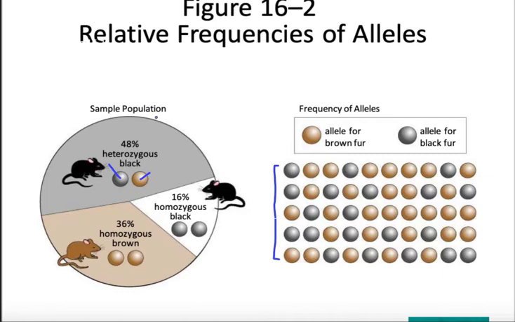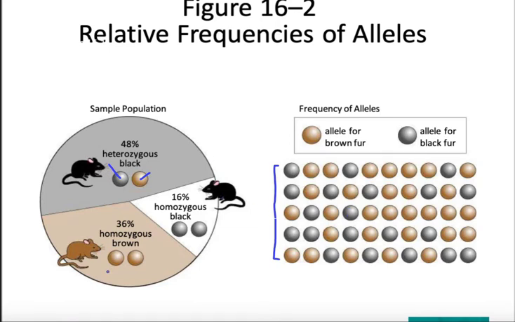And so this population looks phenotypically mostly to be black mice. But if you count the genes, they actually have more brown genes present in this population than black. That has to do with the heterozygotes having one of each. And so there are more pure brown mice than pure black fur mice. And so there's actually more brown genes in this population.